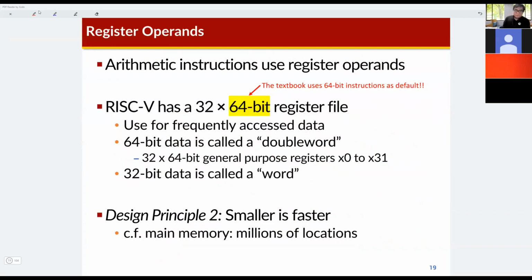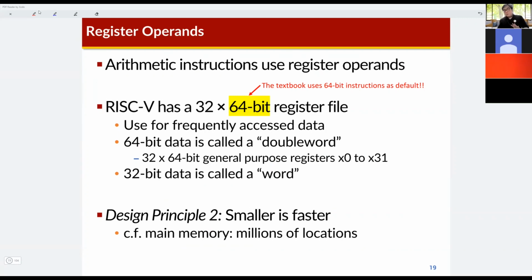Now the register operands. There are two kinds of operands in the RISC-V instructions: register and immediate value. I will explain the immediate value later, and first explain the register operands.